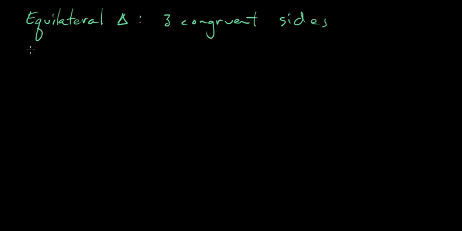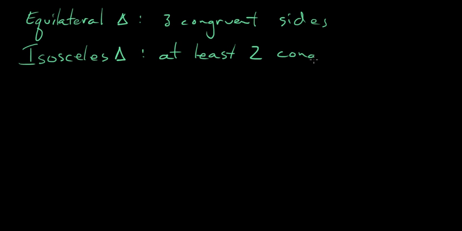An isosceles triangle, now please pay close attention, has at least two congruent sides. Most people leave that out and say it has to have two congruent sides, it can't have any more. No, it says at least two congruent sides. It means it's an isosceles triangle.